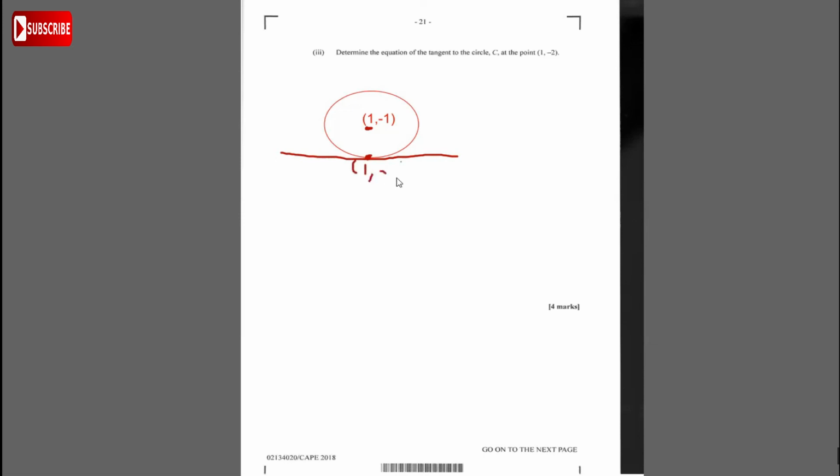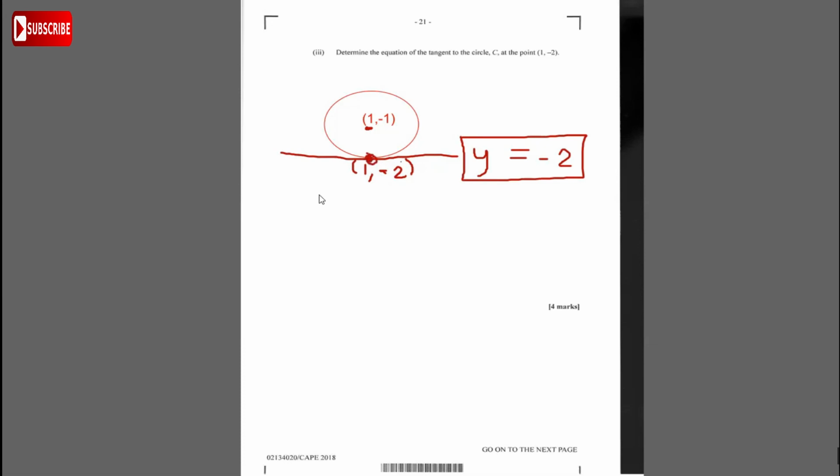Without even solving it, I can tell that the equation of the tangent is y equal -2. I can tell you that just by sketching it.